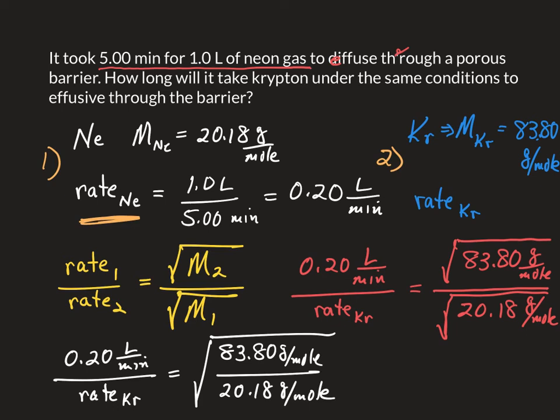We get that square root equals the square root of 4.1526, which equals 2.038.